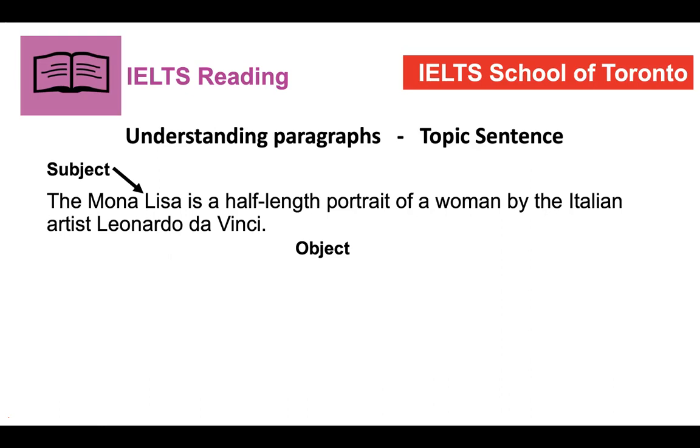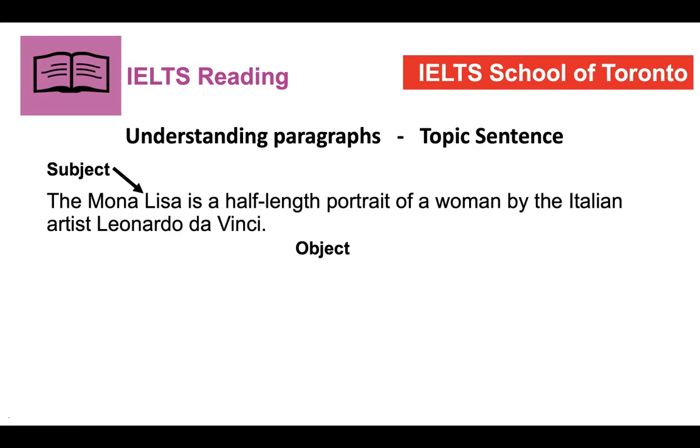In the rest of your body paragraph, all you have to do is go back to Mona Lisa and go back to Da Vinci. So this is the body paragraph in IELTS writing. You need to explain the controlling idea and you need to go back to the subject. Now, Mona Lisa is the main idea here, right?